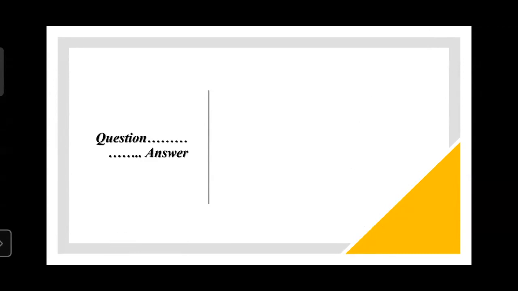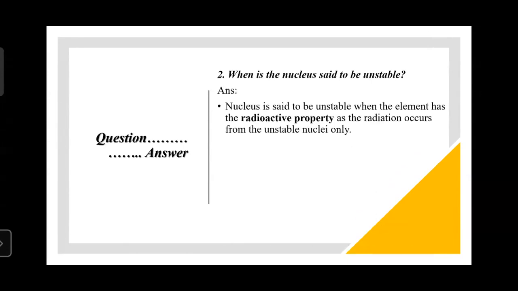Now, second question, when is the nucleus said to be unstable? Answer, the nucleus is said to be unstable when the element has radioactive property, as the radiation occurs from that particular unstable nuclei.